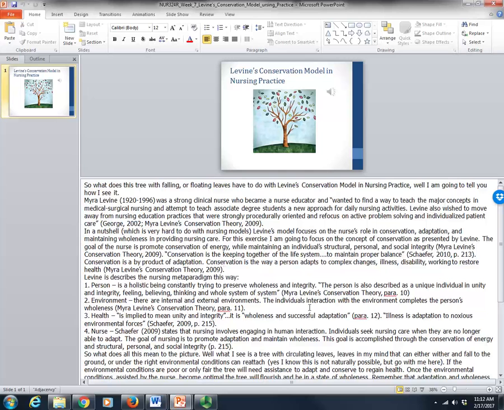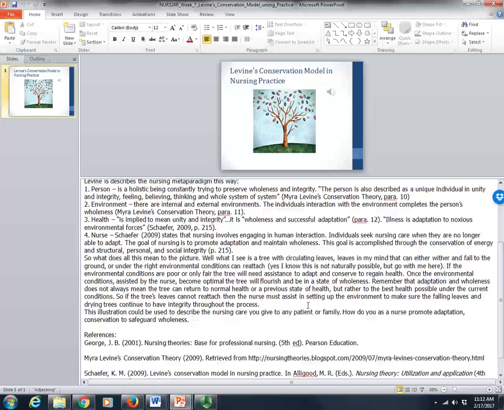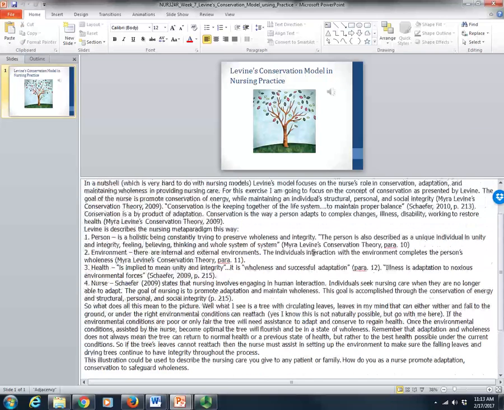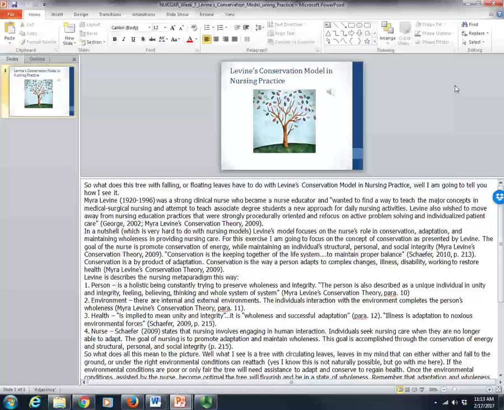So you're going to explain the model. The one thing that is lacking in this, I believe, is the link to practice. So when you look at this example, please remember that in your rubric you have to have that independent area that you are linking to practice. Okay, so that's what we're looking for in this assignment.